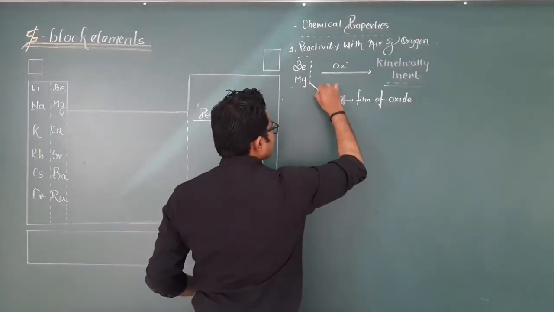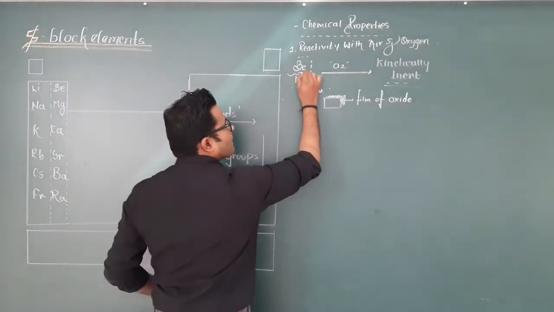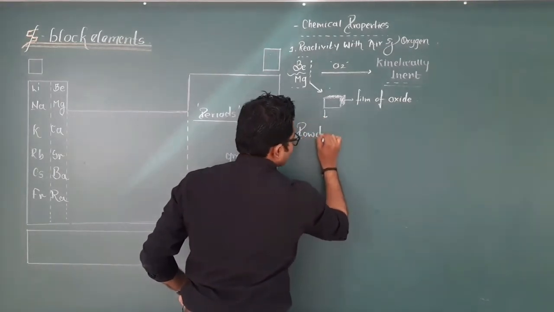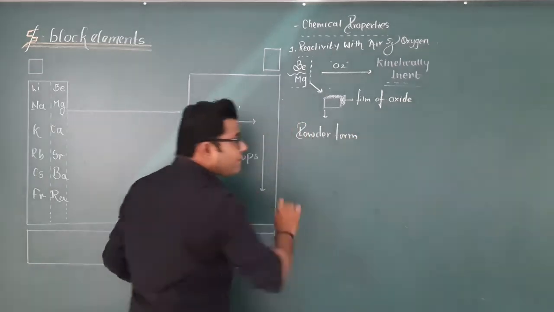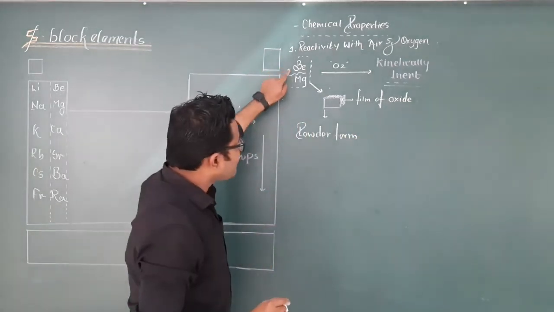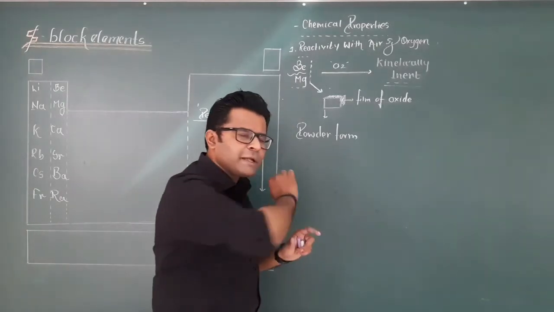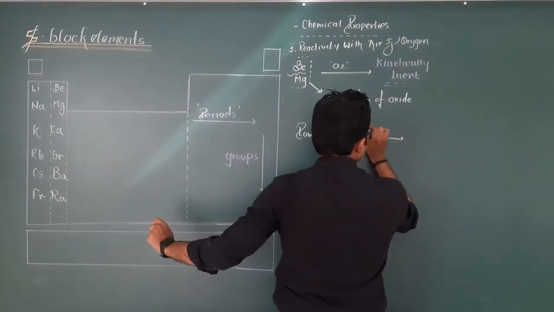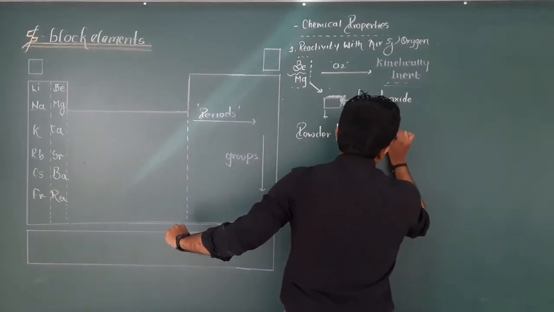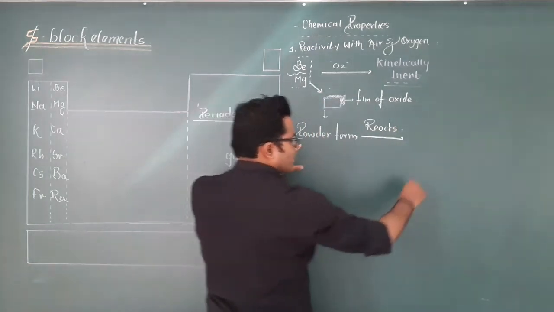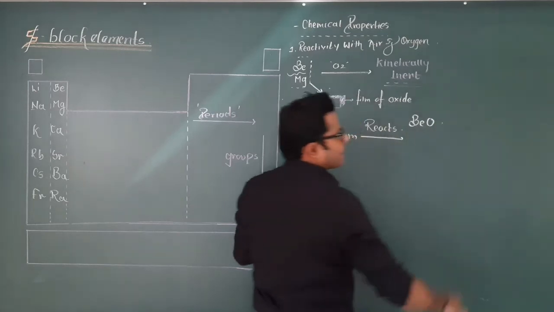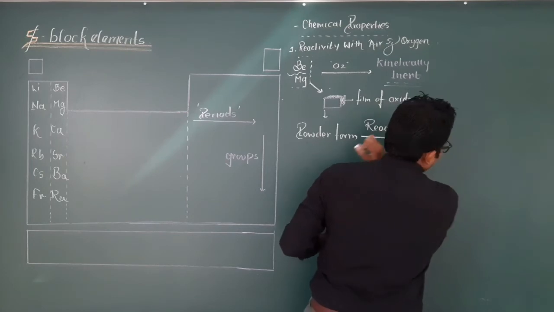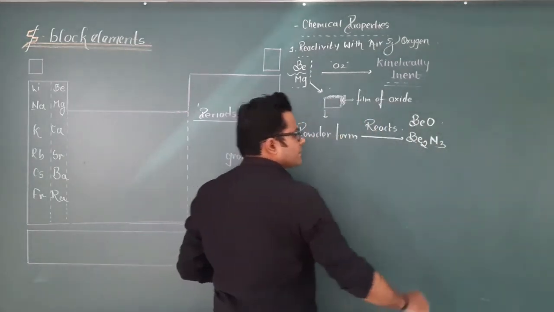But if we take beryllium or magnesium in its powder form, whether it is beryllium or magnesium, they react brilliantly and vigorously with air to form beryllium oxide and beryllium nitride.